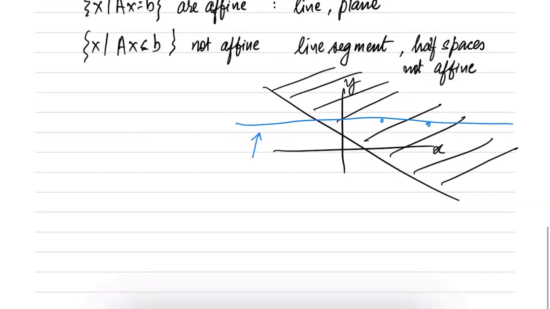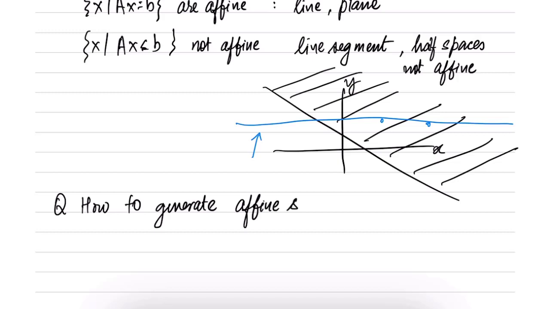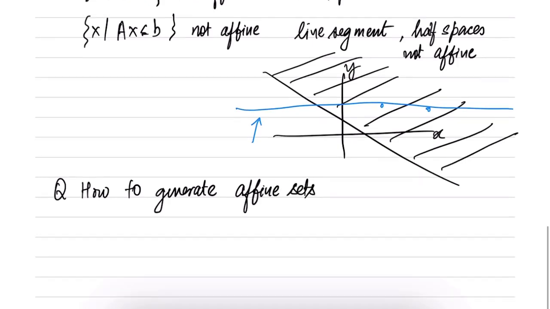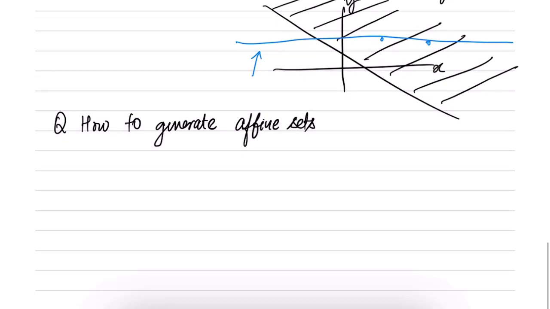So let us ask the question as to how we can generate affine set. And this question is answered by the definition of the affine hull. So taking an affine hull of a set results in an affine set. So what is an affine hull?